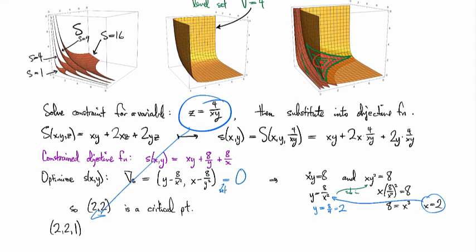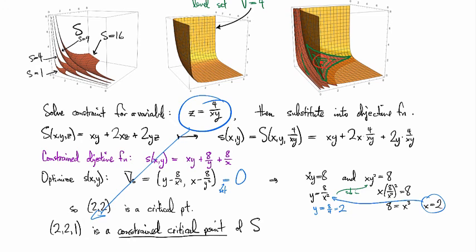So this guy is a constrained critical point of capital S. That earlier one was of little s.